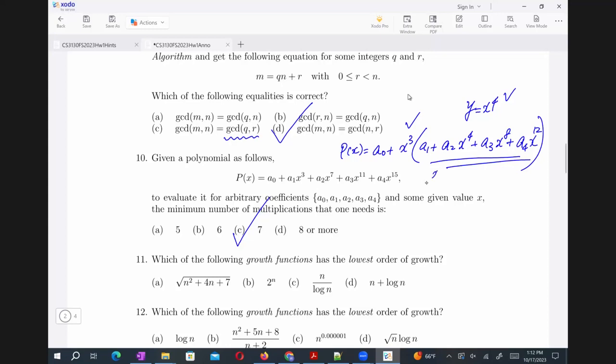First, x times x, we get x squared. That's one multiplication. After that, we try to reuse this x squared. X squared times x, we get x cubed. One more multiplication. X squared times x squared, we get x to the 4th.